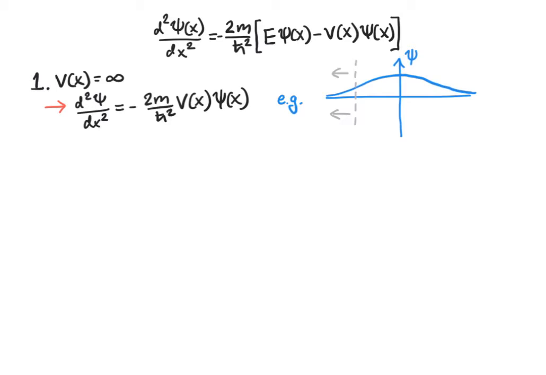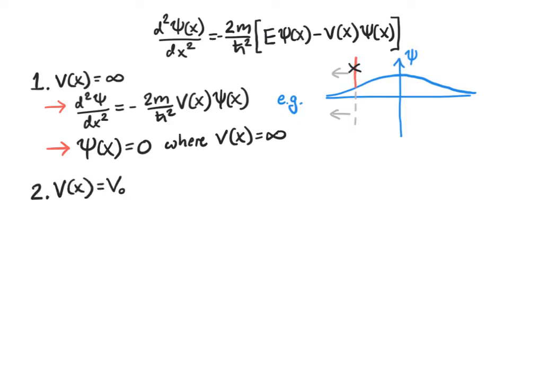But if the potential in this region were infinite, then the curvature is infinite, and that means that the slope will vary infinitely fast. Rather than slowly asymptoting towards 0, it would infinitely curve upwards. Such a wave function could never be normalized, and so in any region where V of x is equal to infinity, the wave function has to be equal to 0 exactly.